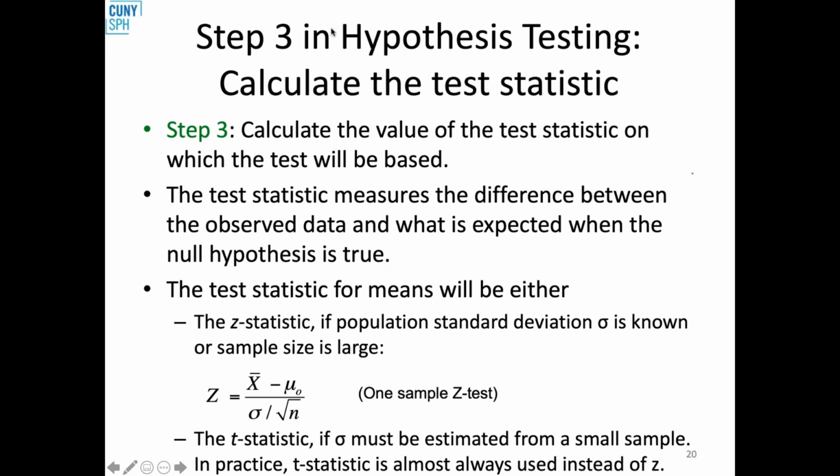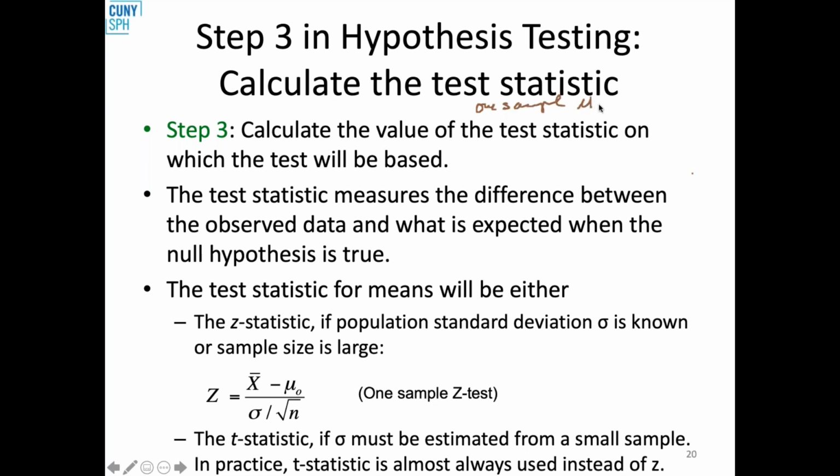Okay, so when we test the hypothesis, what are we doing? We're comparing two means. In the example I have here, we're interested in how far apart these two means are. So if I have a one sample test, what did I say a one sample test was?